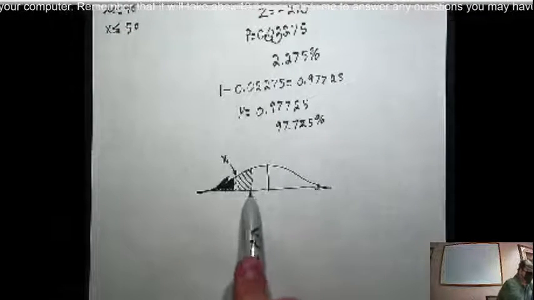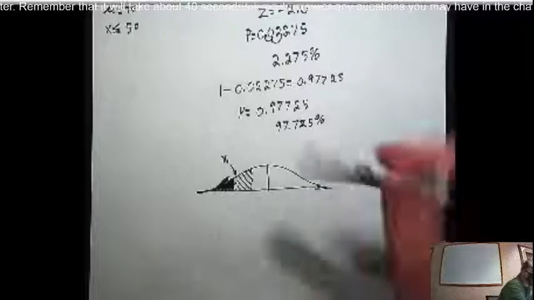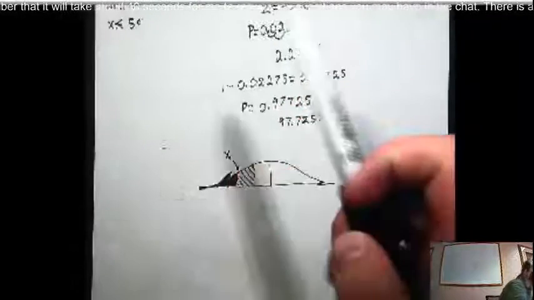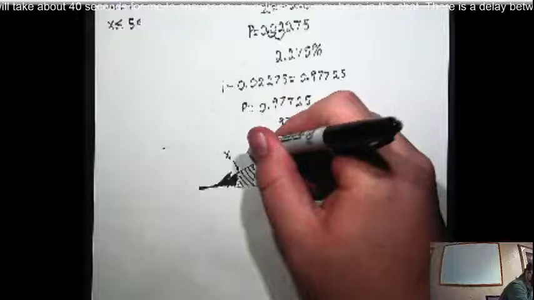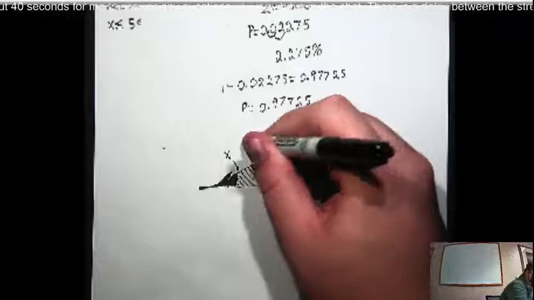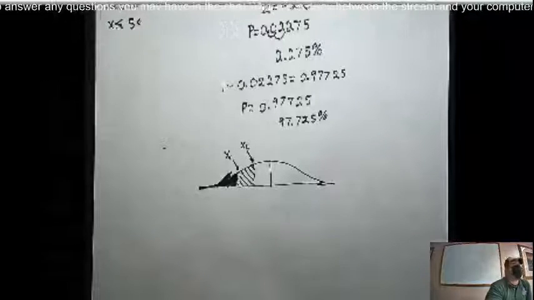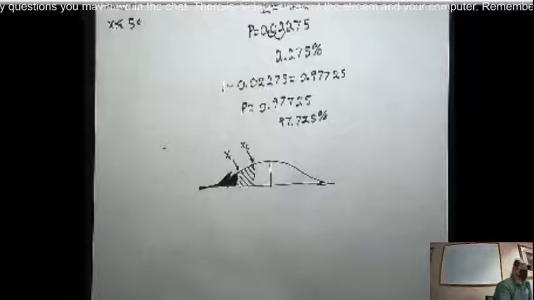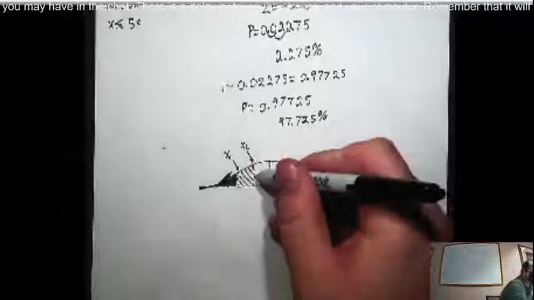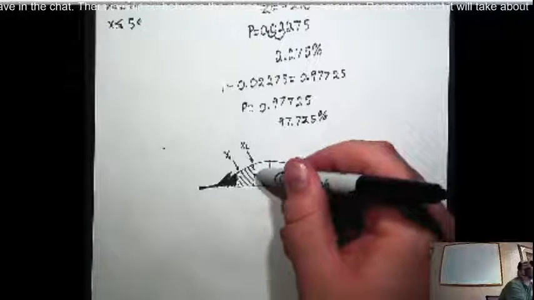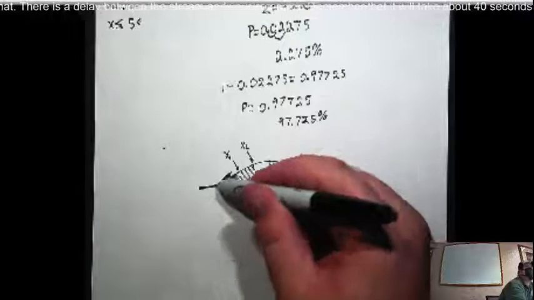Then this one right here, let's call it x2. This second point would give me the probability of everything behind it. So this area and this area.